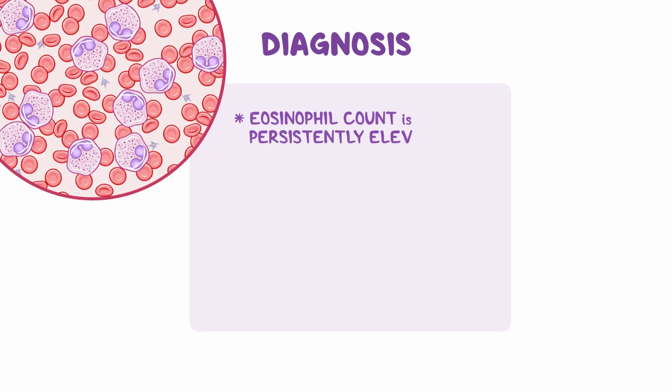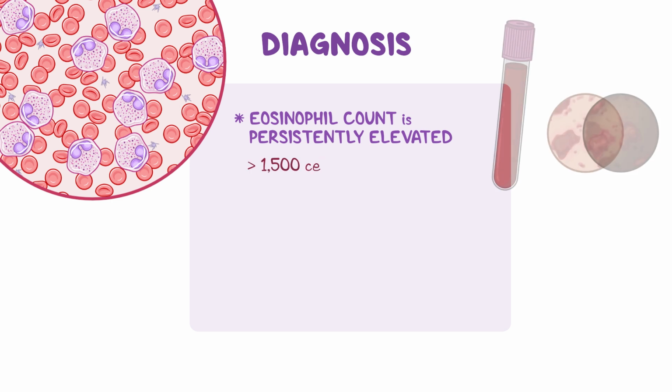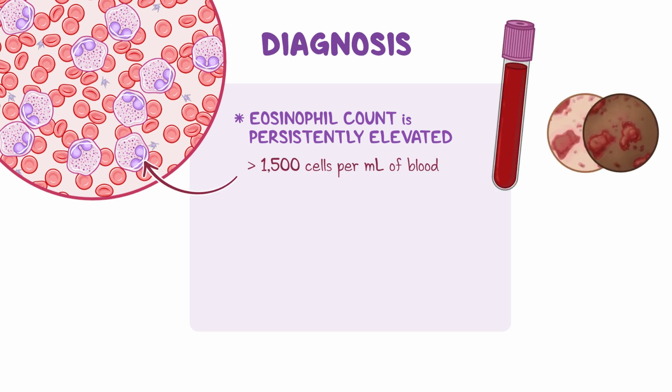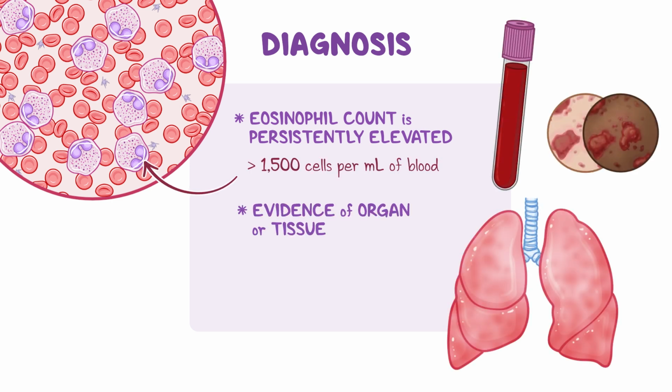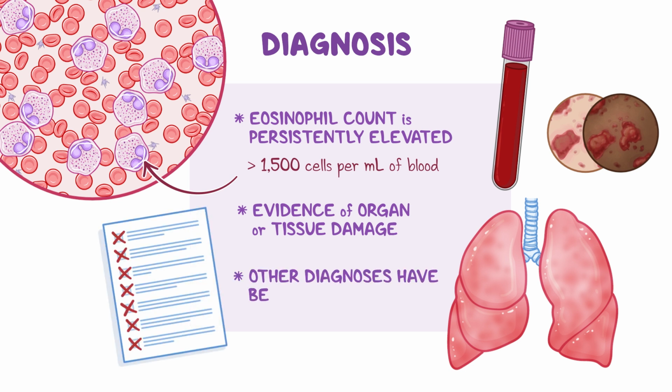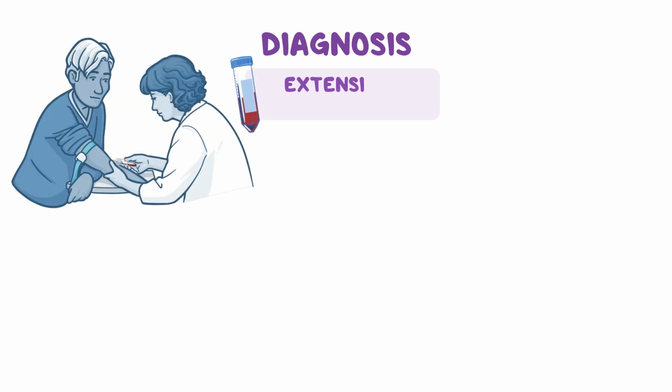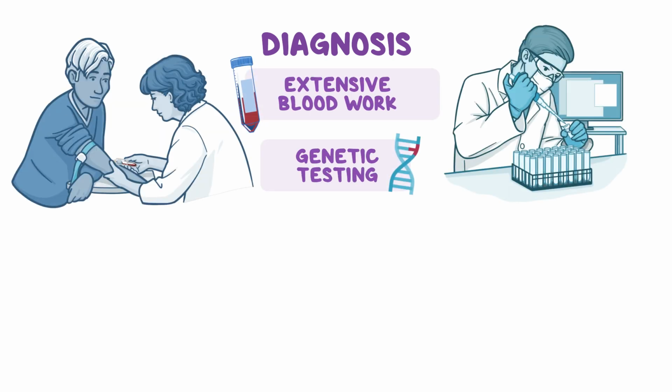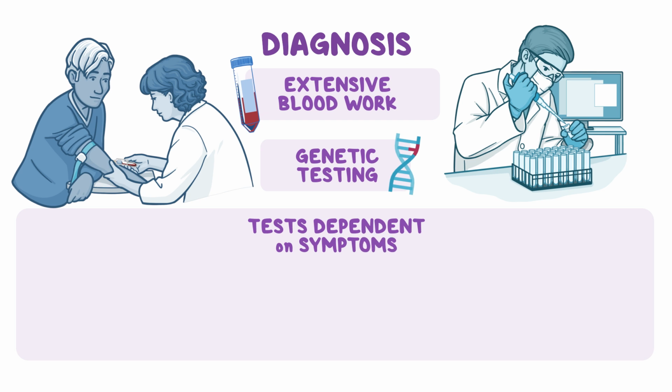HES is diagnosed when the eosinophil count is persistently elevated greater than 1,500 cells per microliter of blood, there is evidence of organ or tissue damage, and other diagnoses have been eliminated. Specific testing typically involves extensive blood work, genetic testing, and other tests dependent upon symptoms.